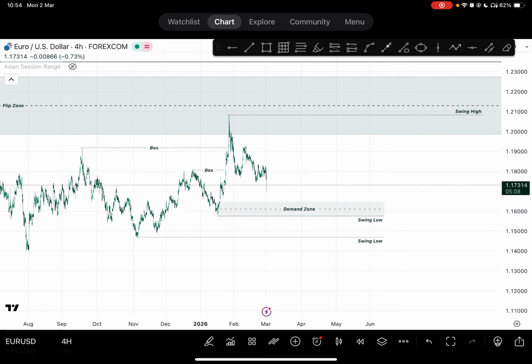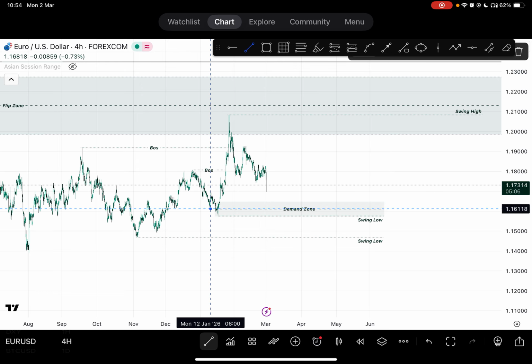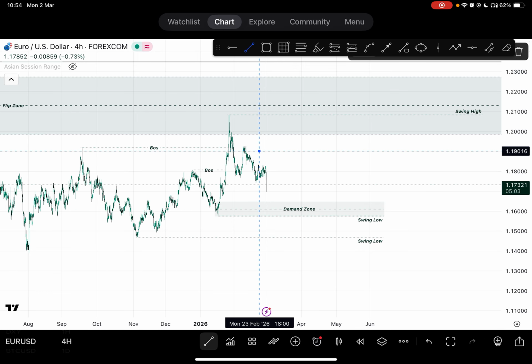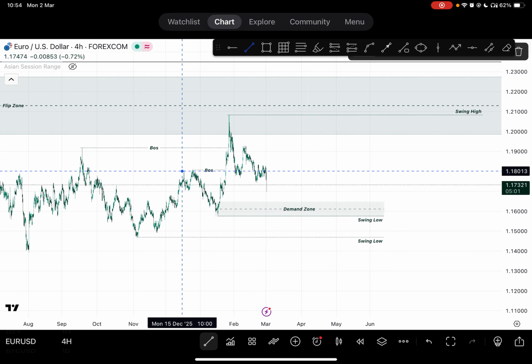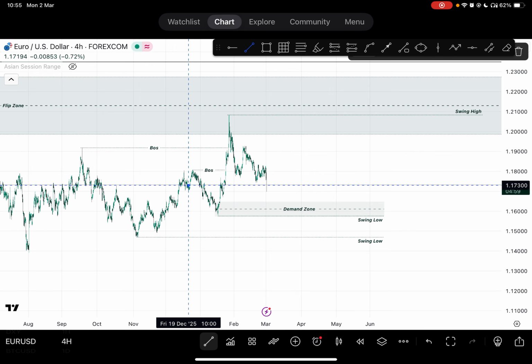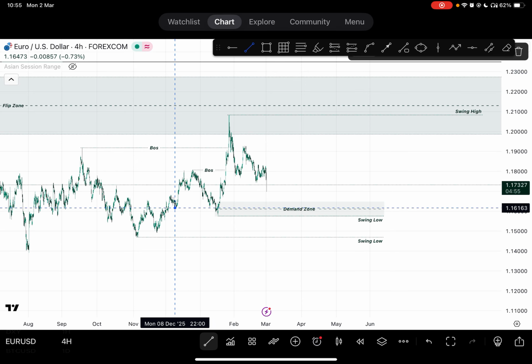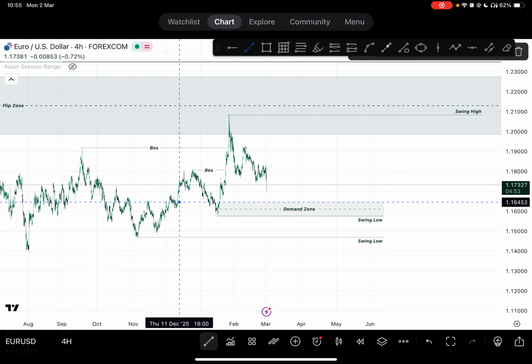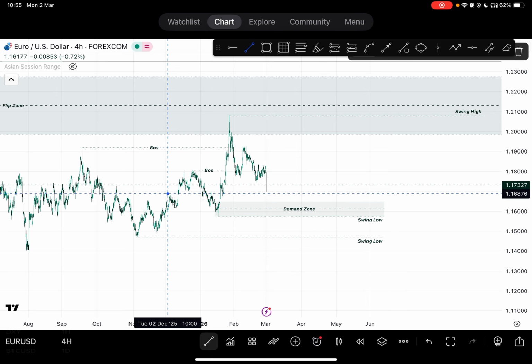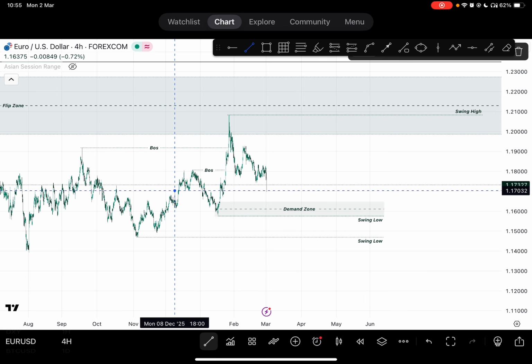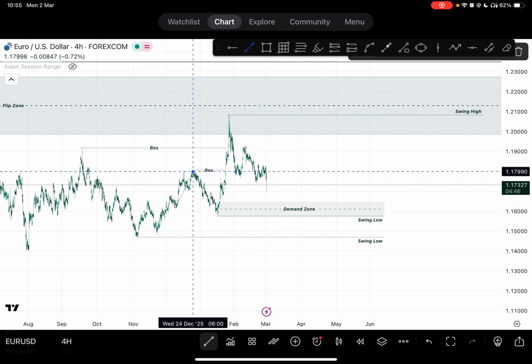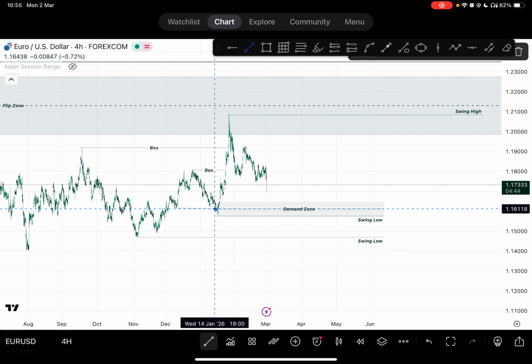If you see, this low actually takes out inducement before moving up. We have price give us this equal high, come down, take out this low, this internal low, break structure, just fall down.